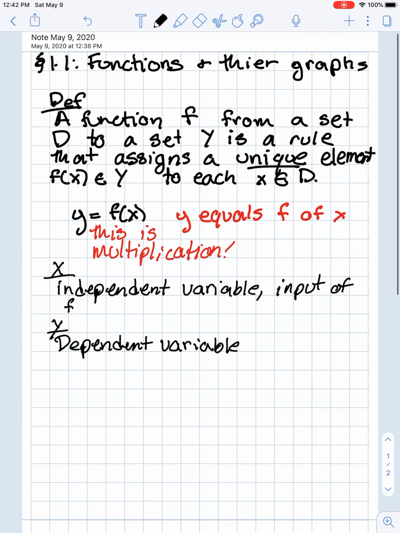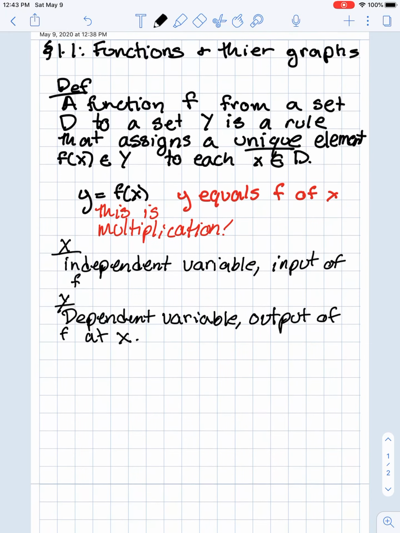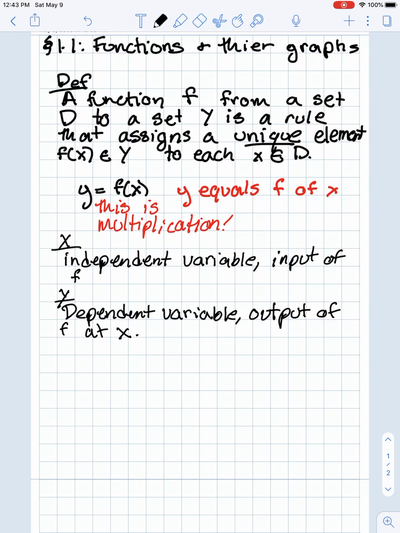If x is independent, y depends on x, so I'm going to call it my dependent variable. It's also the output. There we go. Output of x at x. So that notation is pretty straightforward, right?